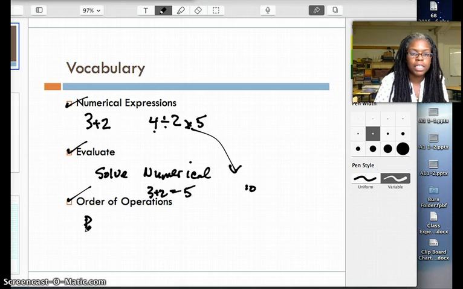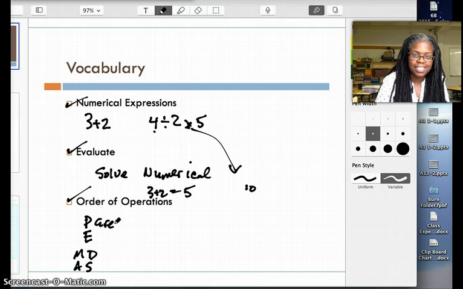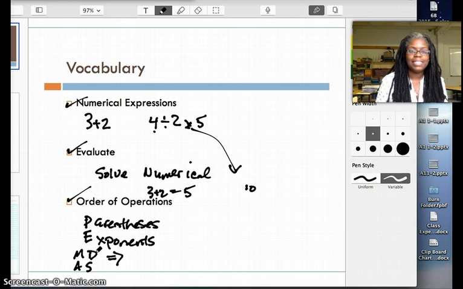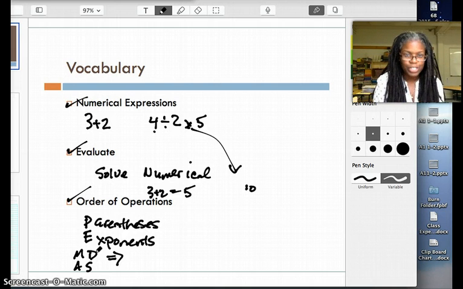We all know it's Please Excuse My Dear Aunt Sally, and I like to write it just like that because parentheses, exponents. Here, M and D are side by side because multiplication and division are equal in power in terms of precedence.